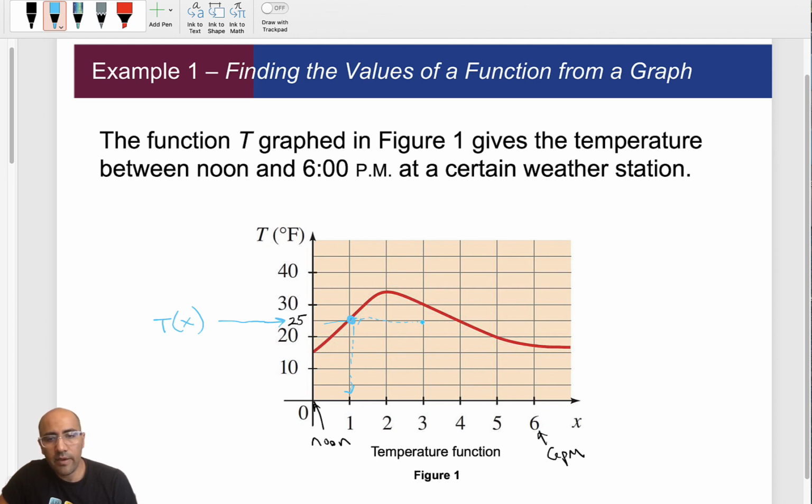And then again, going backwards this way, we run into the other one. It looks like the other answer is x equals 4. So in solving this statement, x equals 1 and x equals 4 are the two potential solutions.